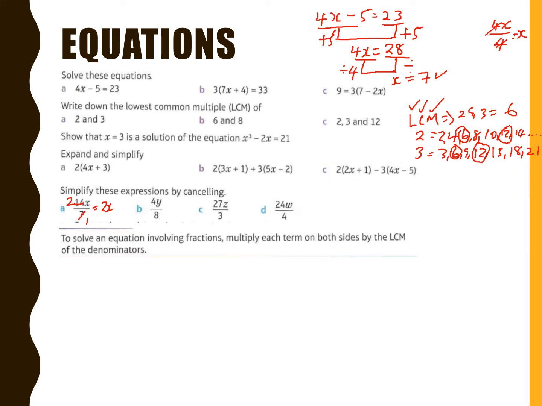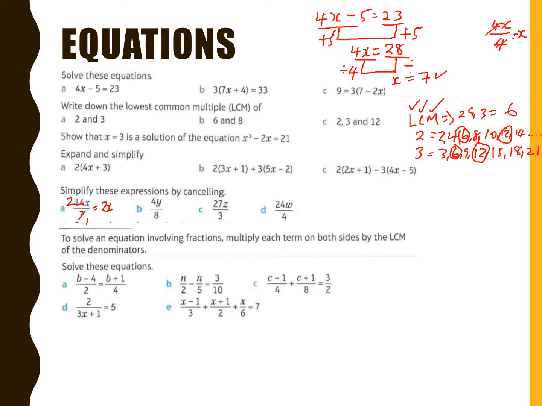To solve an equation involving fractions, multiply each term on both sides by the LCM of the denominators. So if we were to use this example, for instance, (b minus 4) over 2 equals (b plus 1) over 4, what is the lowest common multiple of 2 and 4? Well, it's actually 4.